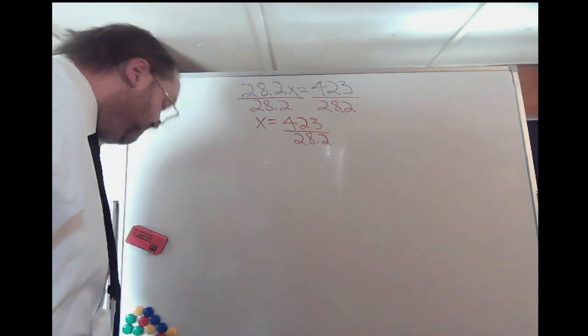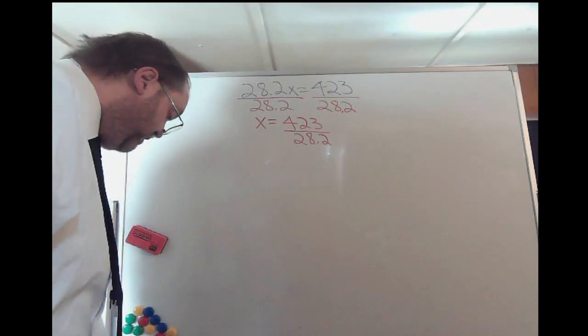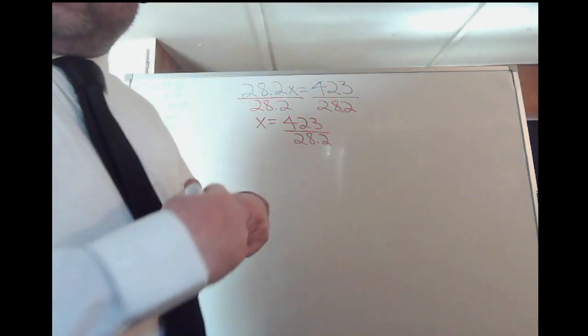423 divided by 28.2. Well, let's come over on the side here. Let's work that out. For this problem, let's use the fact that every whole number has a decimal point of 0.0 after that.